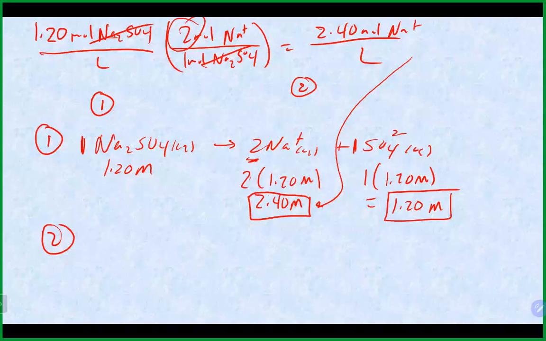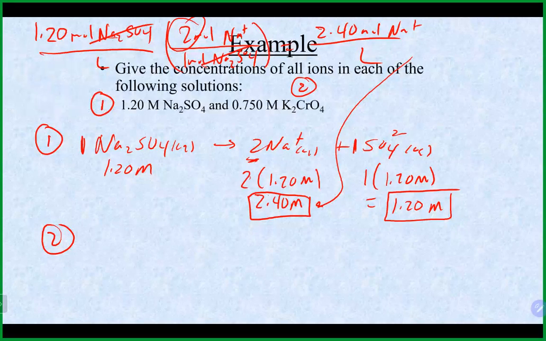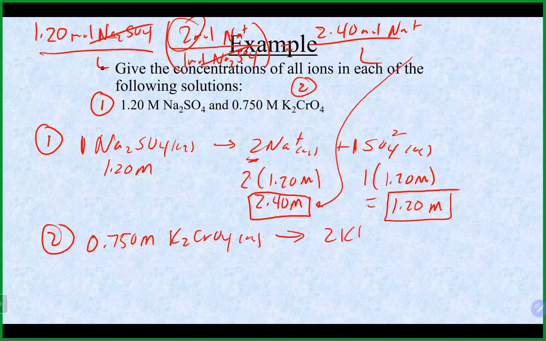Taking a look at the other one there, which is 0.75 molar K2CrO4. Once again, when this breaks apart, we will get a couple of potassium ions and 1 chromate ion. And again, we have 0.75 molar for the whole thing.